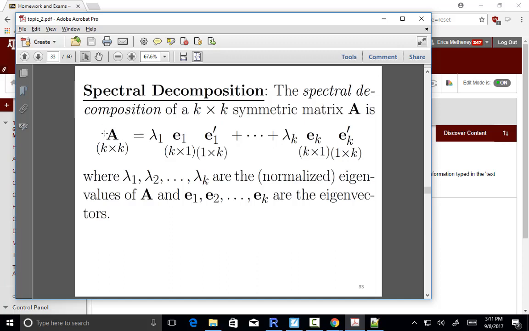I can rewrite A as a piece that involves the first eigenvalue eigenvector plus another piece that involves the second, plus dot dot dot. The eigenvalue eigenvectors have been ordered, remember, such that the first one explains the most of what makes A tick, and then the second one explains the next most, and so on.